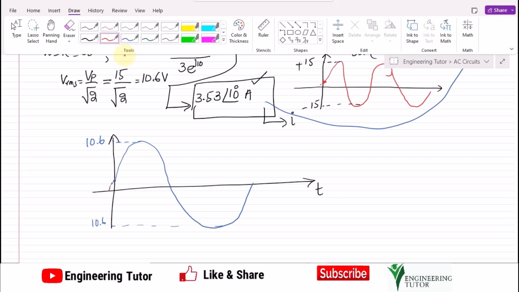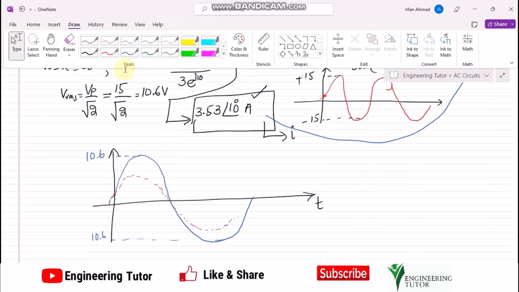So we will see that the phase and everything was the same. So this is the current, and this is the voltage.